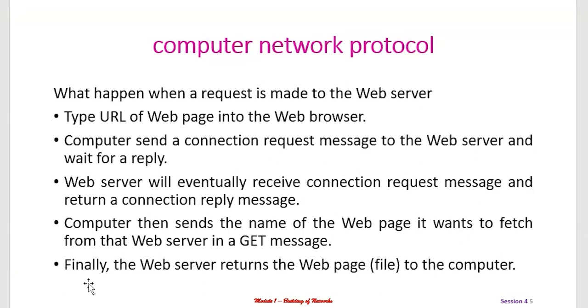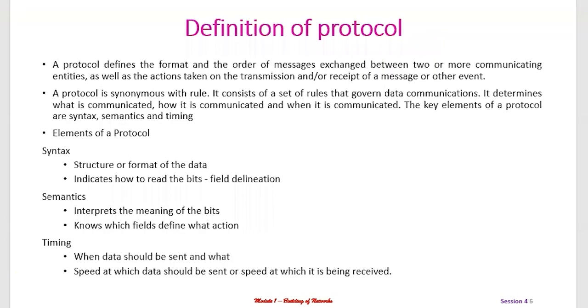Okay. So next we move on to the definition. So the ultimate definition of protocol. There are different versions of definition available in different textbooks as far as computer network is concerned. So we just take up a few things into consideration here.